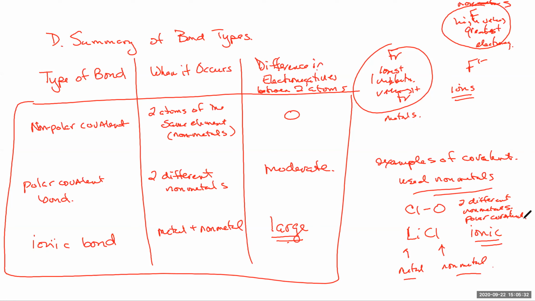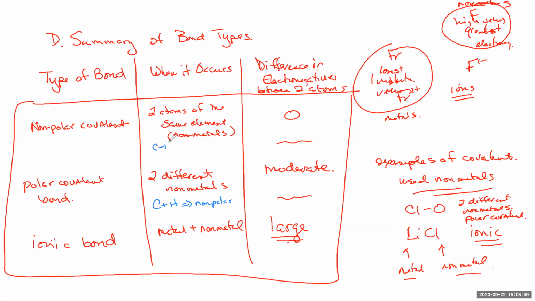Now this works really well. There are a few places where there's a gray area between where do you cut this line and where do you cut that line. Different textbooks actually might have you calculate it. I don't really see any point in that. But one exception I do want you to remember to this, because it's going to become important later. Turns out that carbon and hydrogen have about the same electronegativity and they are considered nonpolar.